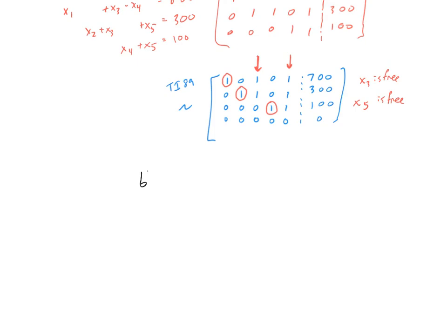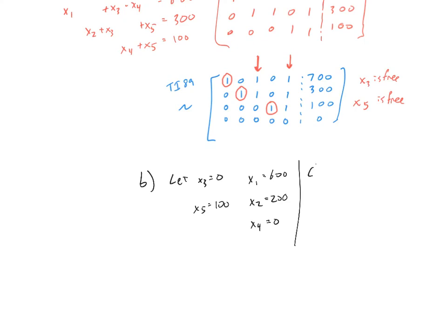For part B, it's saying let x3 equal 0 and x5 is 100. Well, if you're given those 2 pieces of information, then you can say that x1 is 600, x2 is 200, and x4 is 0. Go back and check. That's the only possible scenario there.